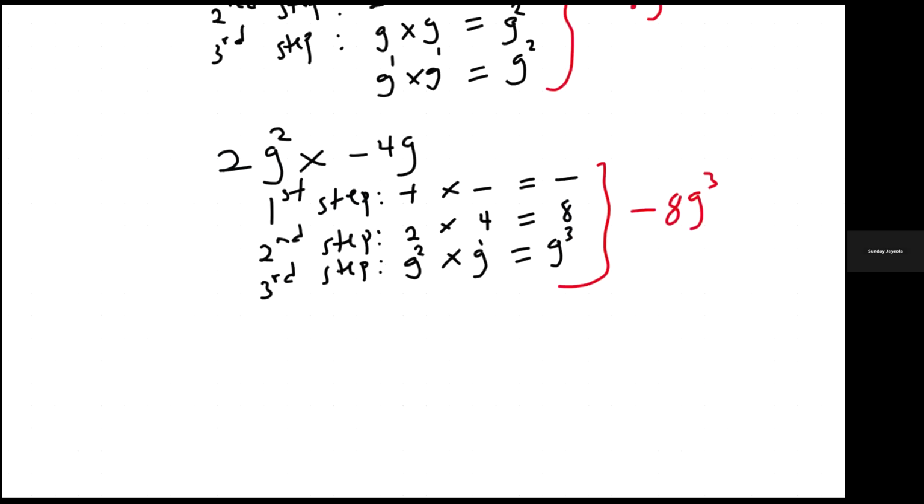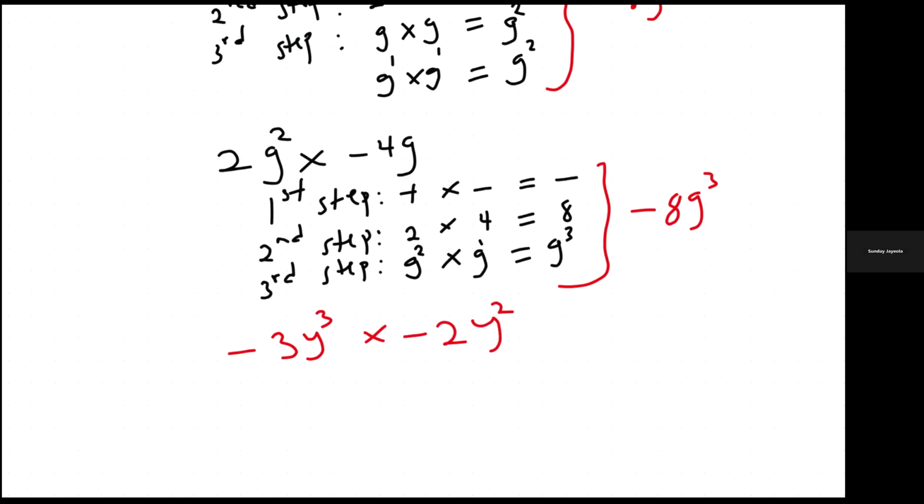So let's see another example now. This time around, let's use y. So negative 3y raised to power 3 multiplied by negative 2y raised to power 2.